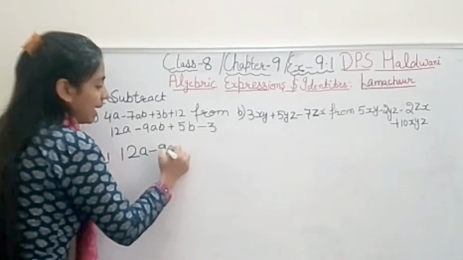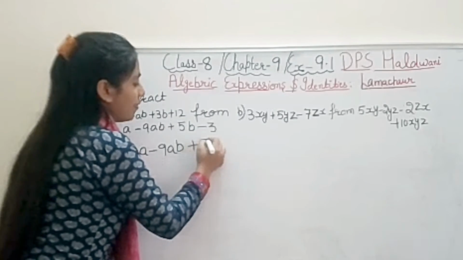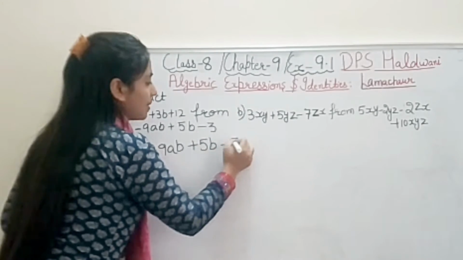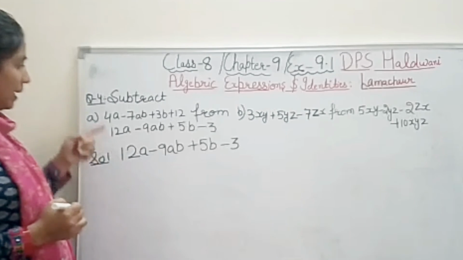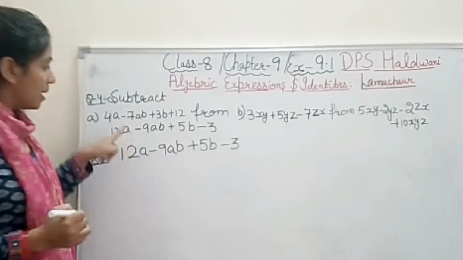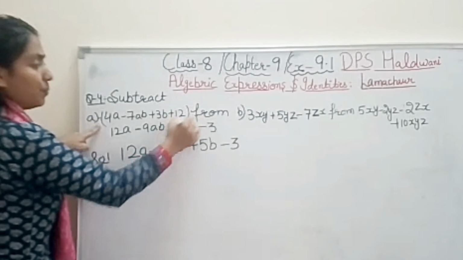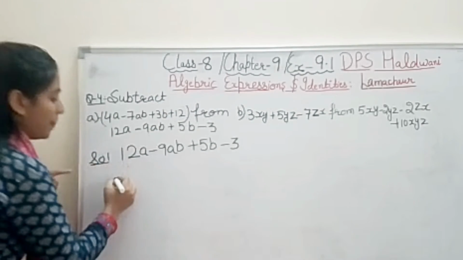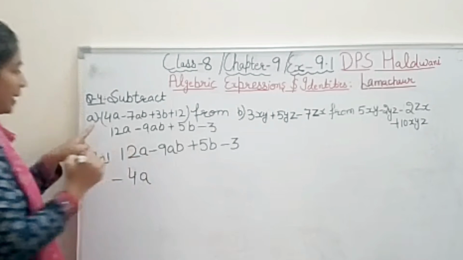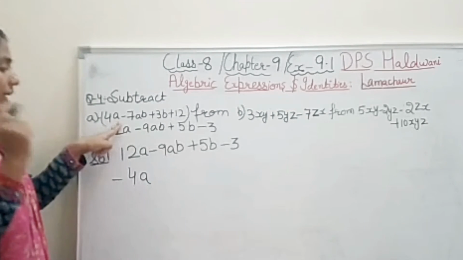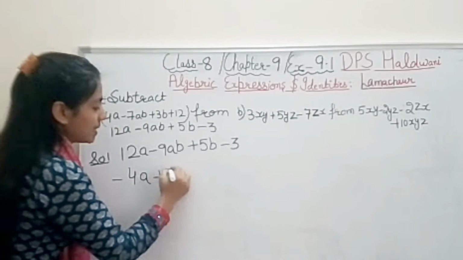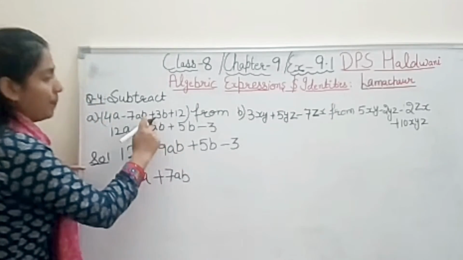12a minus 9ab plus 5b minus 3. So this term will be subtracted from this. This term will change its sign, because outside there is a minus student, right? So it will be minus 4a, minus minus plus 7ab. Where is ab? This. Plus 7ab plus b.